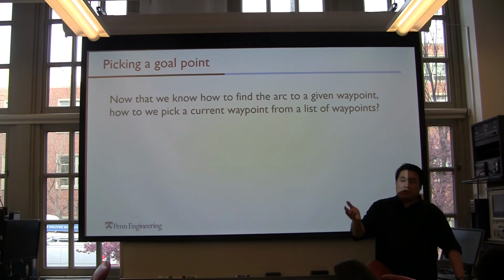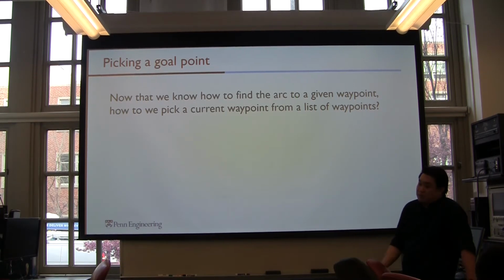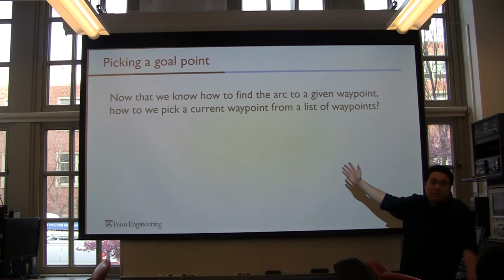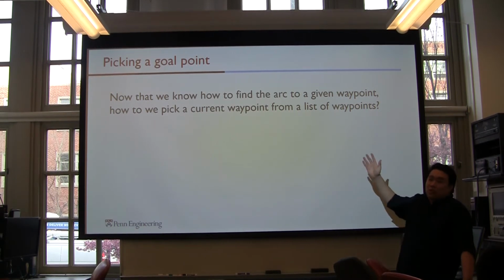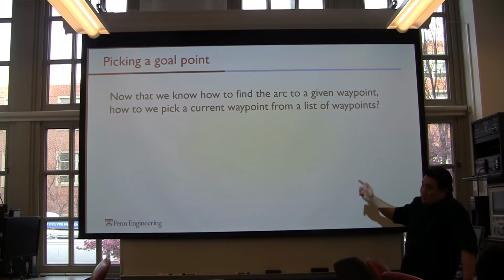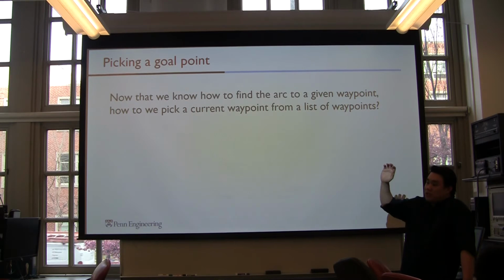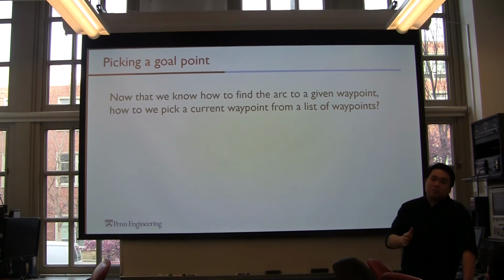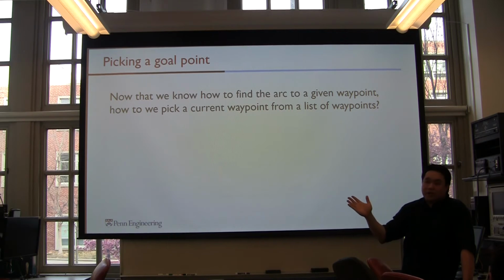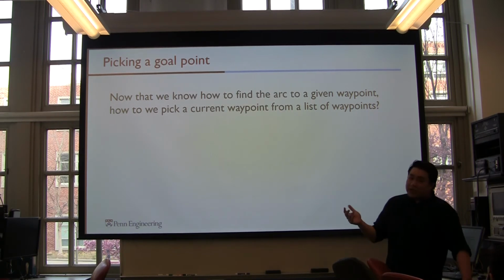All right. So your question before, how do we update the goal point? As I said before, that only happens every frame, so that's only for one goal point. Now that you know how to find a relationship between the goal point that you want to follow and actually coming up with a steering angle, how do we pick a current waypoint?